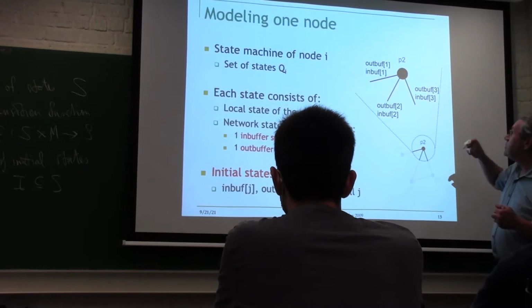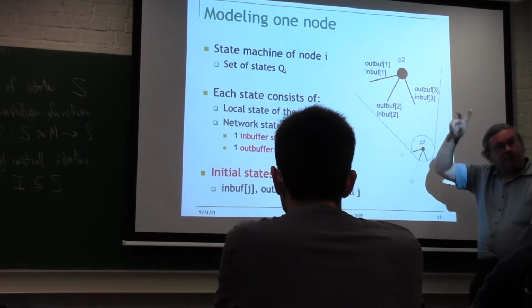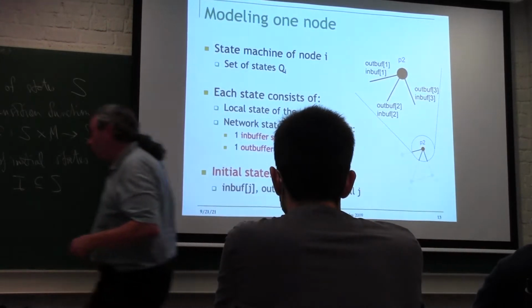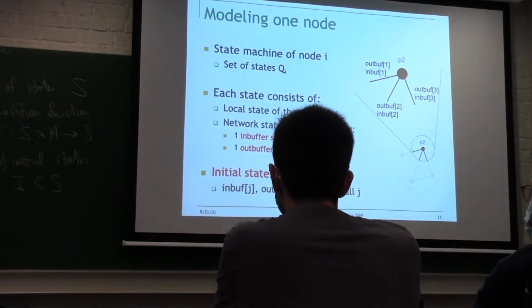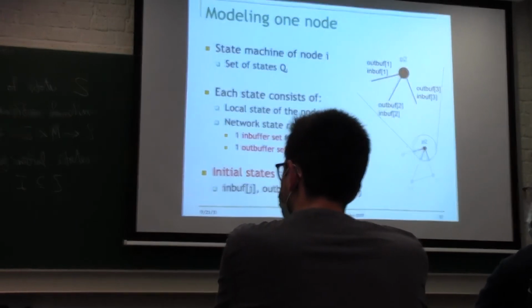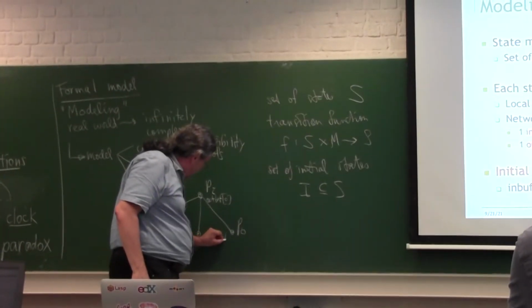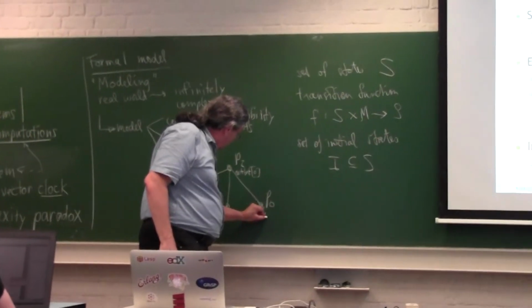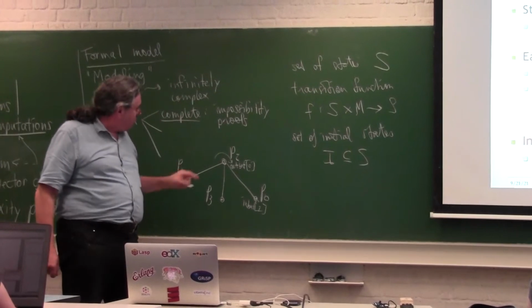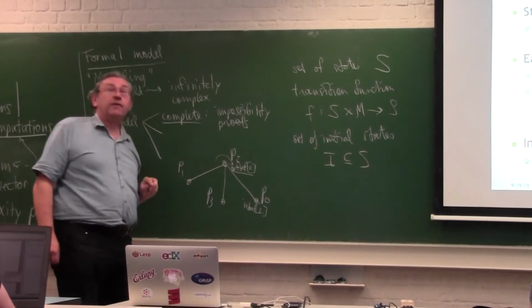Okay? And then there's some magic that causes the message to go from an out buffer to an in buffer. So here's an out buffer for node 0. Here's the in buffer coming from node 2. If I want to send, I put a message in the out buffer locally, and that's my local state.